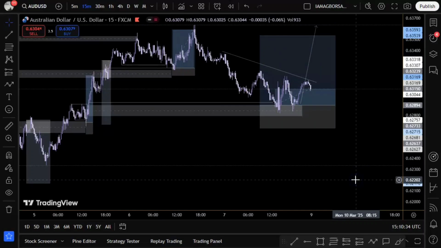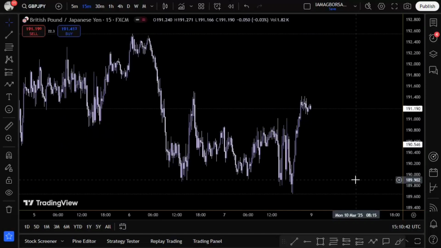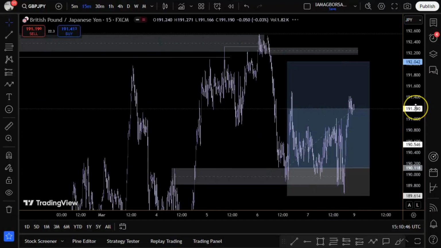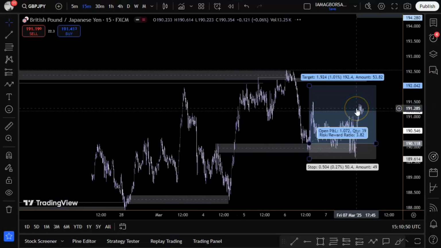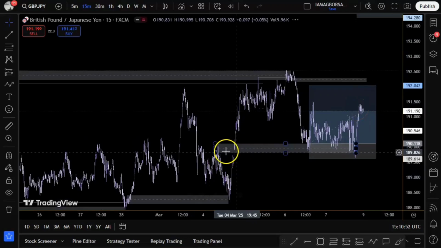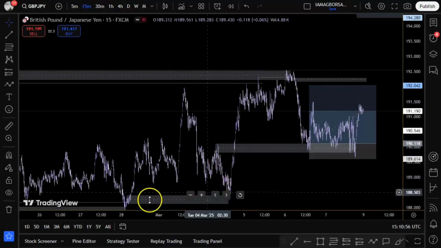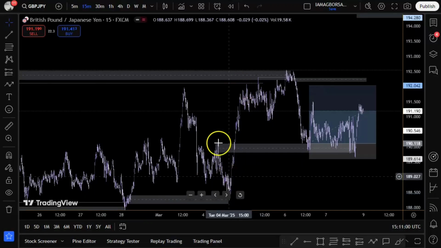So for AUD/USD, these were the trades we were able to take. Then for GJ, we were able to call this buy, but we later got stopped out at break even. We were able to call out this buy right here, and also this buy right here. We called out this buy that happened here, and we also called out this buy that is happening.